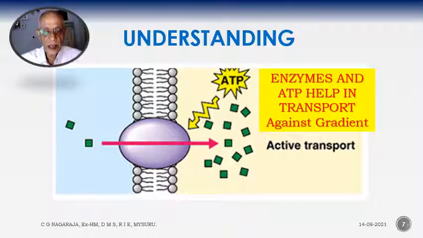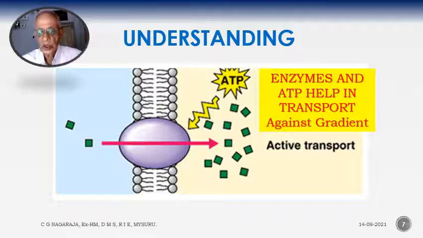Okay, I have come to the fifth type of transport that happens inside the cells, whether it is a plant cell or animal cell, and that's called active transport. You can see this diagram here I have shown. In this, a part of the plasma membrane is shown, and those small circles which I talked about earlier are shown in the gray color.